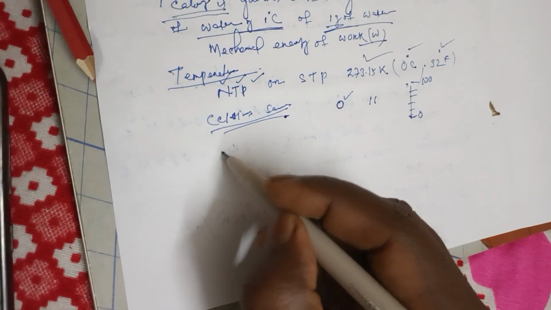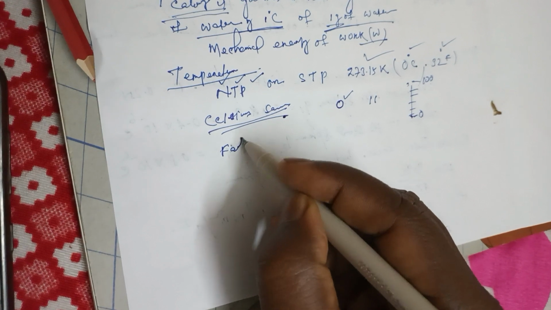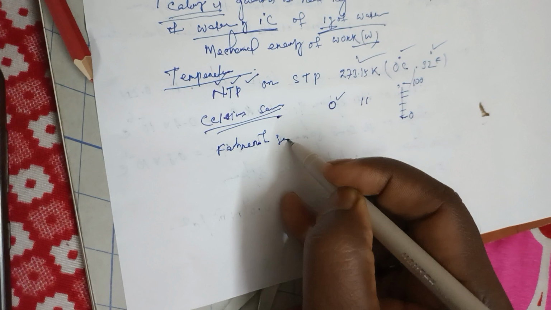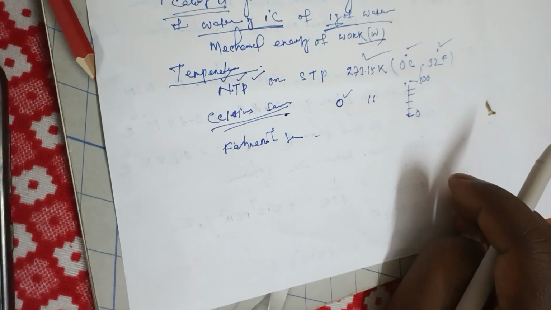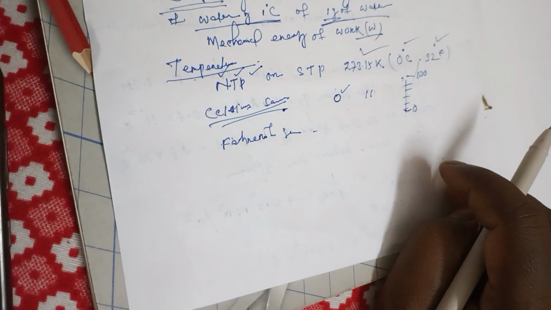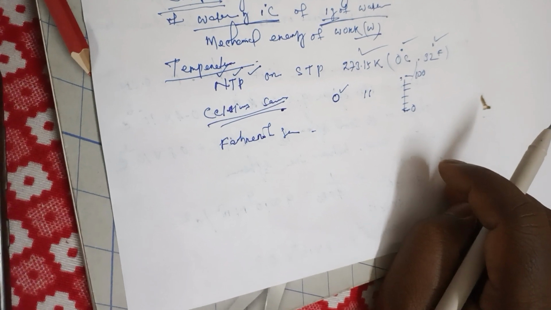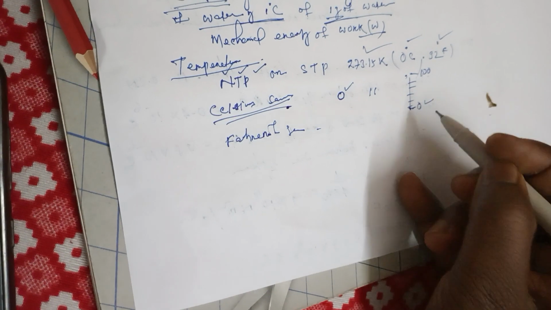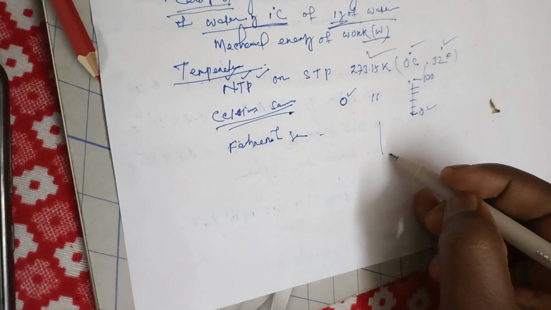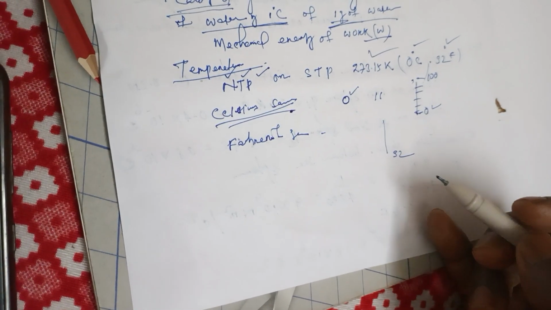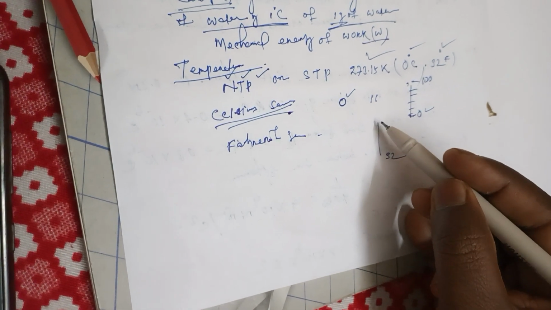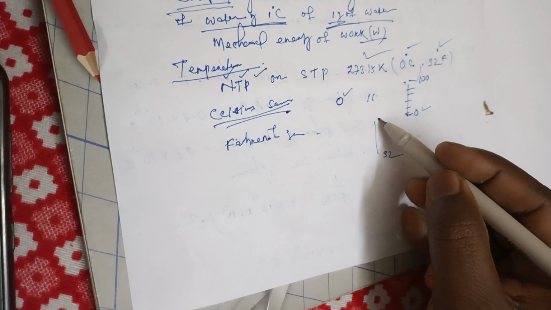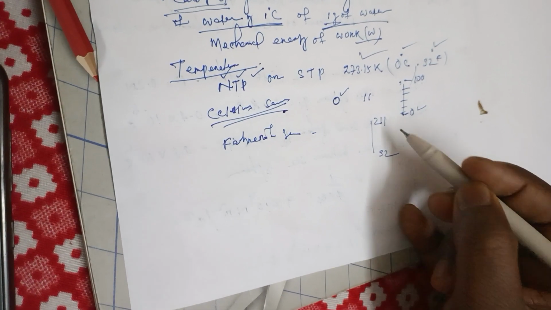Then Fahrenheit scale. In this scale, the melting point is taken as 32 degree, not 0 degree, and the boiling point of water is taken as 212 degree.